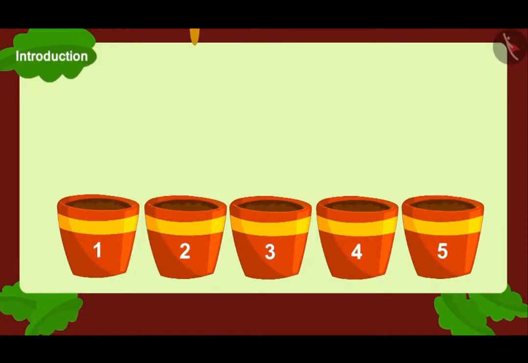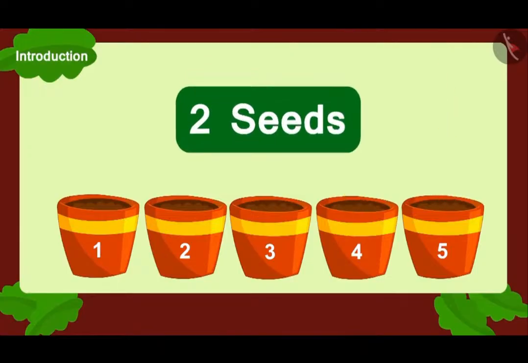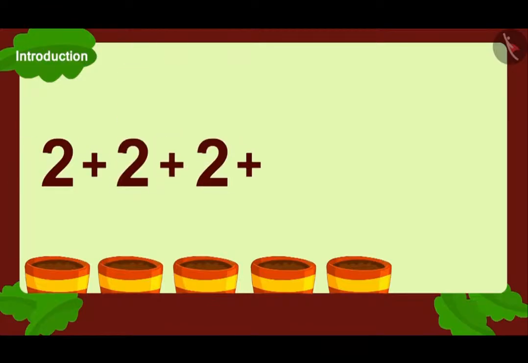In all, Golu planted seeds in 5 pots. And how many seeds did he plant in each pot? 2 seeds. Let's find out the total number of seeds by adding these seeds. Add 2 to 2. Again add 2. Again add 2.